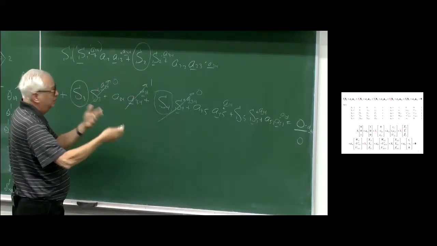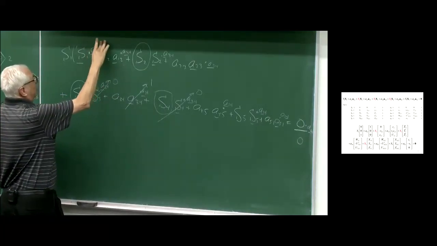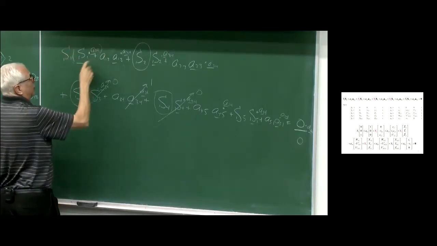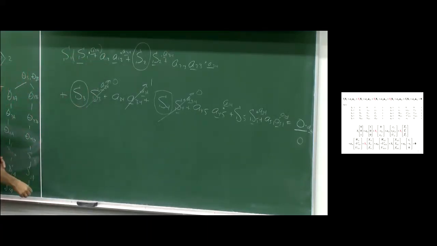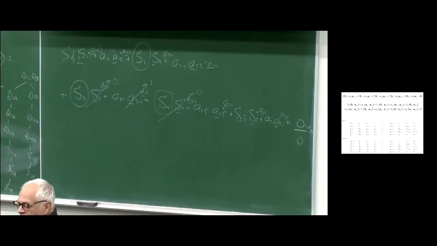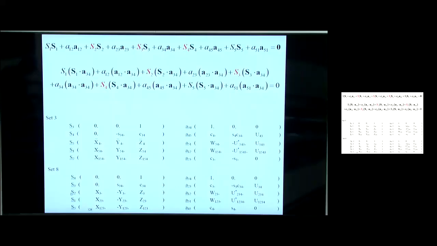When I do each of these dot products, I'm going to look at all 10 of my coordinate systems and try to find what looks like the simplest expression. It sounds kind of crazy, but a lot of times what I do is I wrote down set 3 because we're doing a dot product with A34, and in set 3, A34 is simple. It's 1, 0, 0. And in set 8, A34 was simple also. So I did those. Okay, let's do all these dot products now.